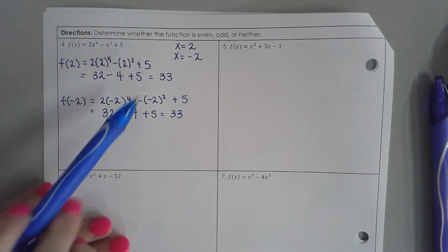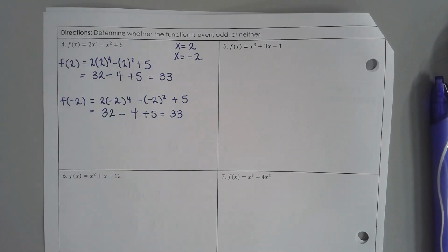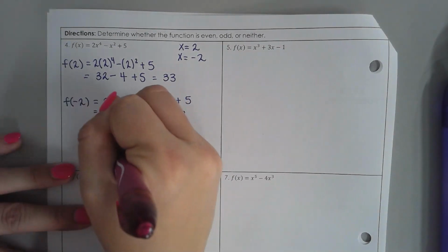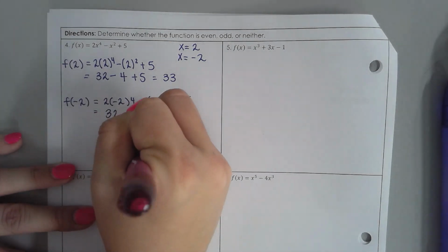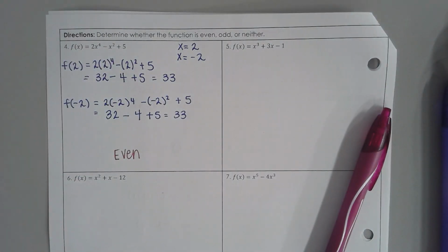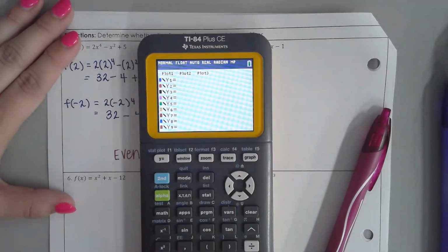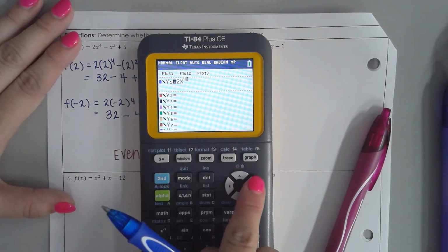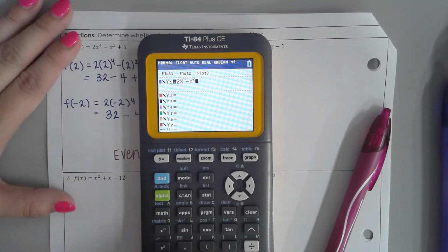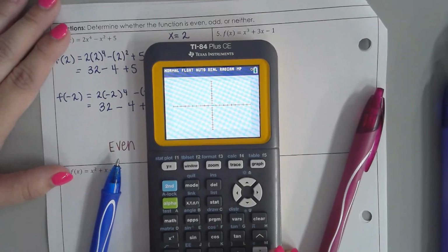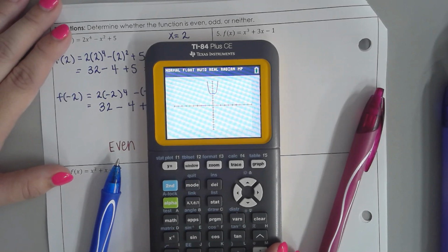So since my y values are exactly the same, that means that I have an even function. So from there it does look like it's symmetric over the y-axis.